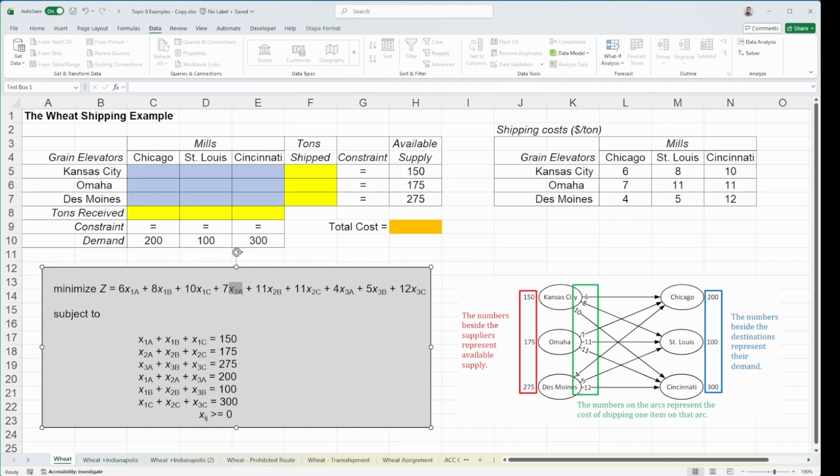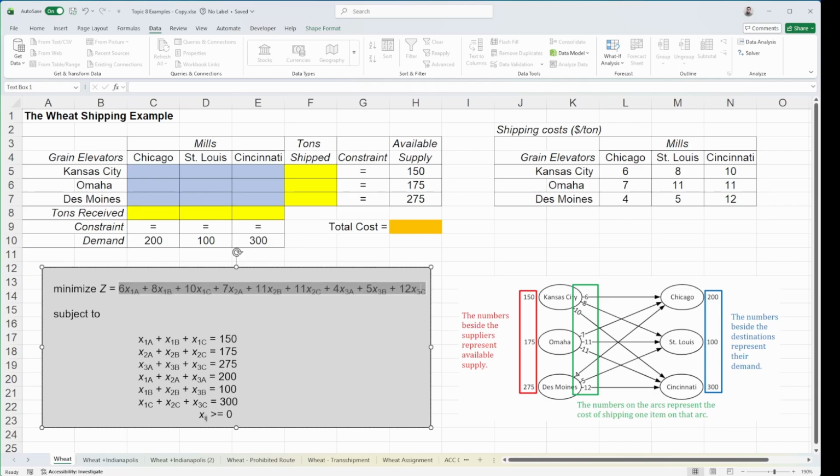For example, x2a shows the amount of wheat shipped from Omaha to Chicago, right? And it costs $7 per ton. So if we multiply 7 with the volume, that is the amount of wheat, this will give us the cost associated with this route or this arc, right?